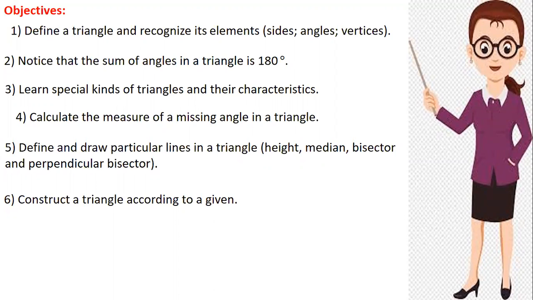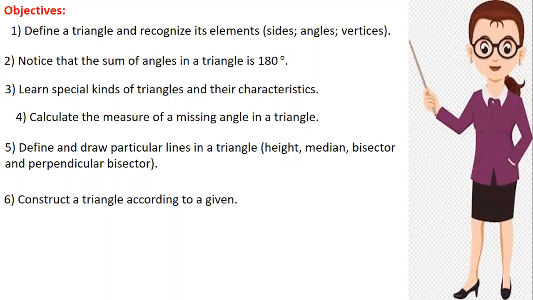If we add the measure of the three angles in a triangle, we'll always get the sum of 180 degrees. Objective number 3, we will learn special kinds of triangles and their characteristics. Objective number 4, we will know how to calculate the measure of a missing angle in a triangle.